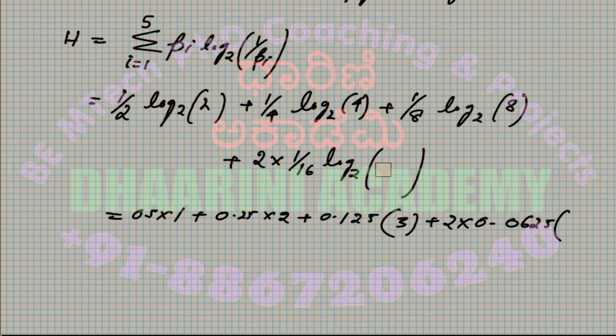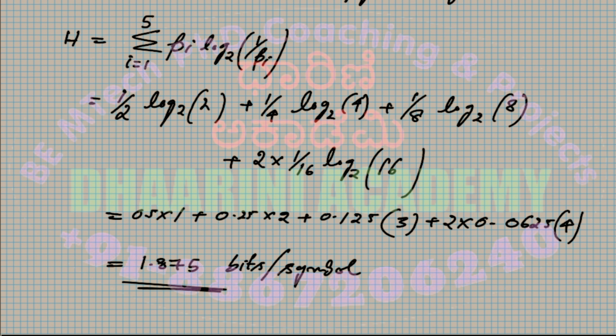It's just 16. So that is 4. Simplify this and you should get the answer. When you simplify this, we get 1.875, and the unit is bits, the average information, bits per symbol.